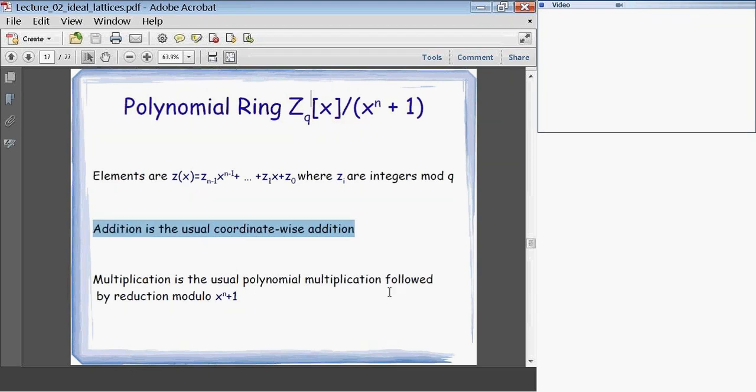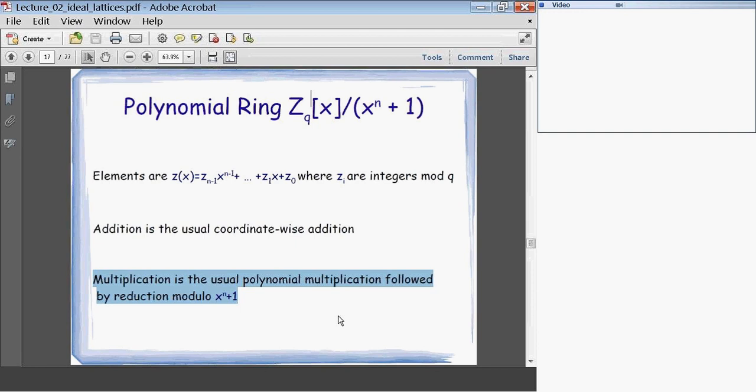Addition of polynomials is performed using component-wise addition. In other words, when you add two polynomials together, you simply add the corresponding coefficients. So it's a very simple operation, and it's easy to perform efficiently.